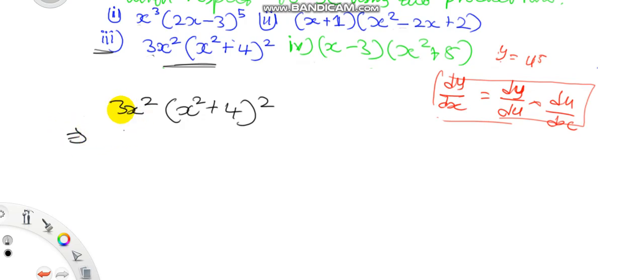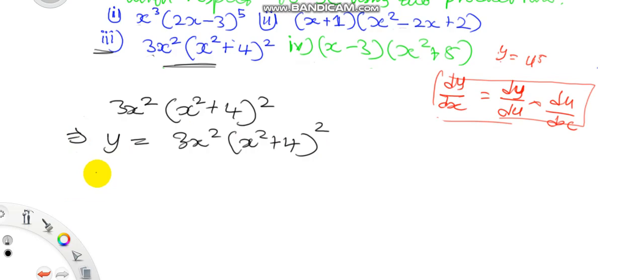So y equals 3x squared (x squared plus 4) all raised to the power 2. We can assume y is made up of a product. Although there is no multiplication sign here, the bracket tells us that this is a product. This is why we are going to use the product rule.